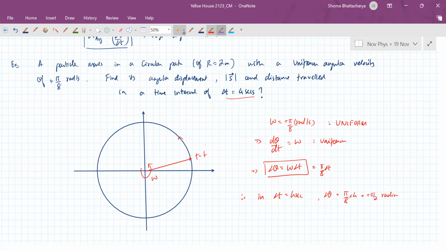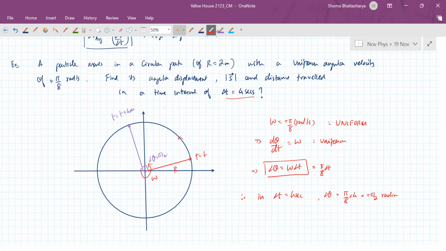So after 4 seconds, the new position vector has become perpendicular to this one, because the angular displacement is pi by 2, at t plus 4 seconds. This is where the particle is now.